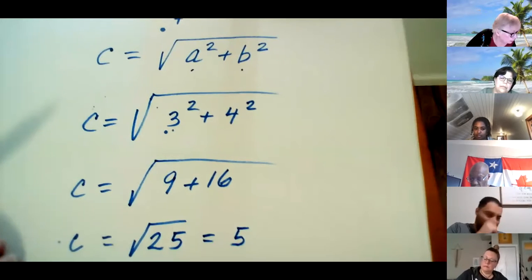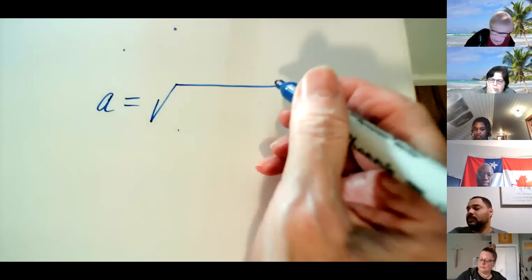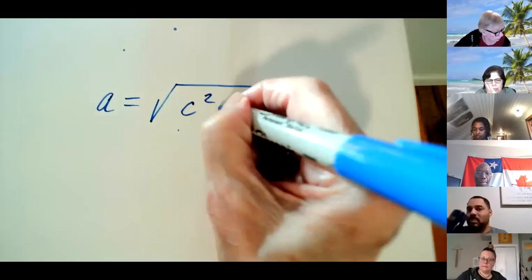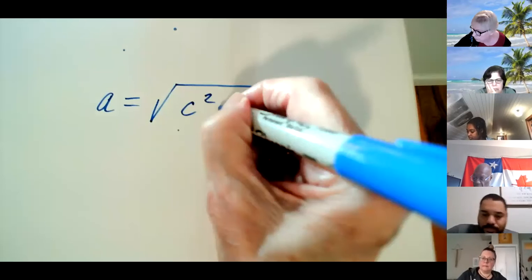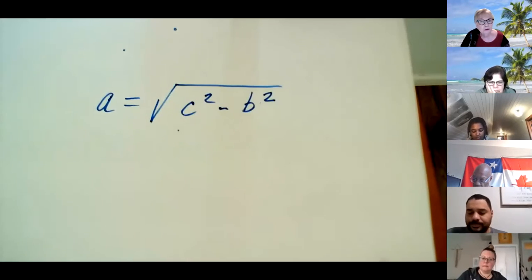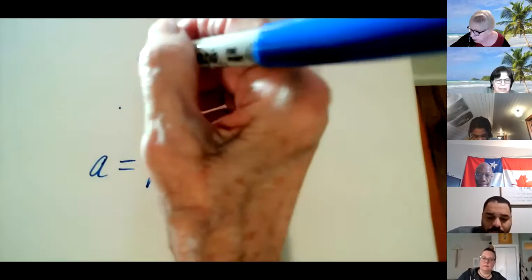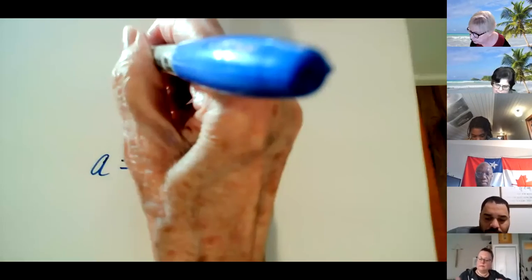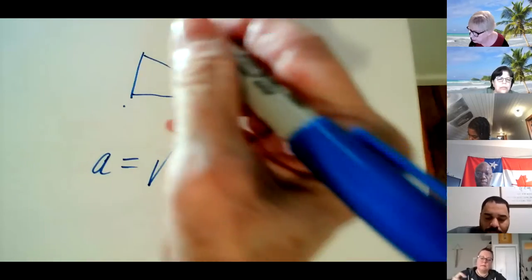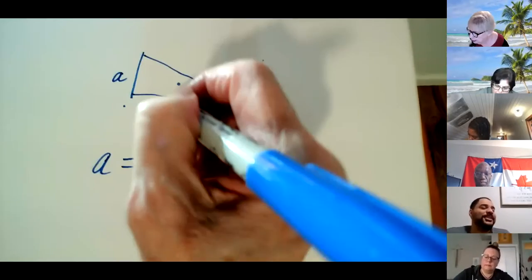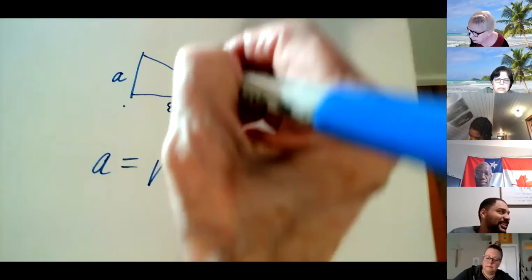And then the other one, if one side was missing, and this is what they do, so that's the formula they provide. And so doing a similar problem, let's make this A, make this 8, and make this 10.